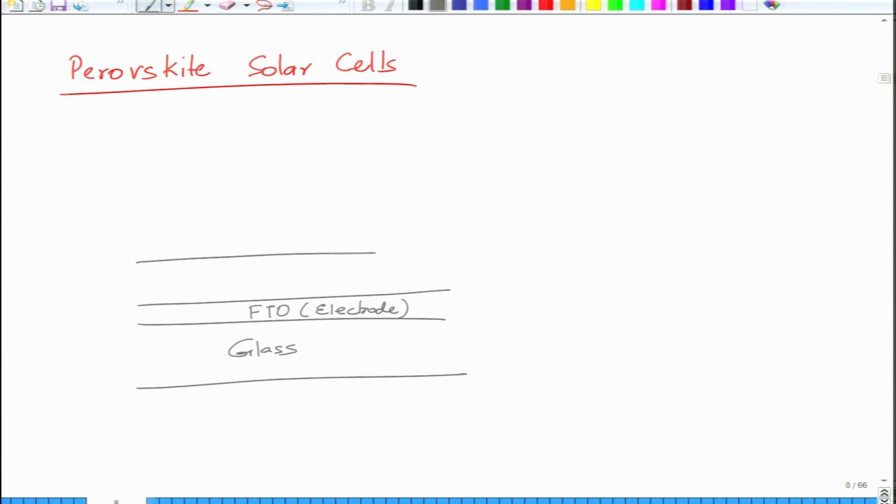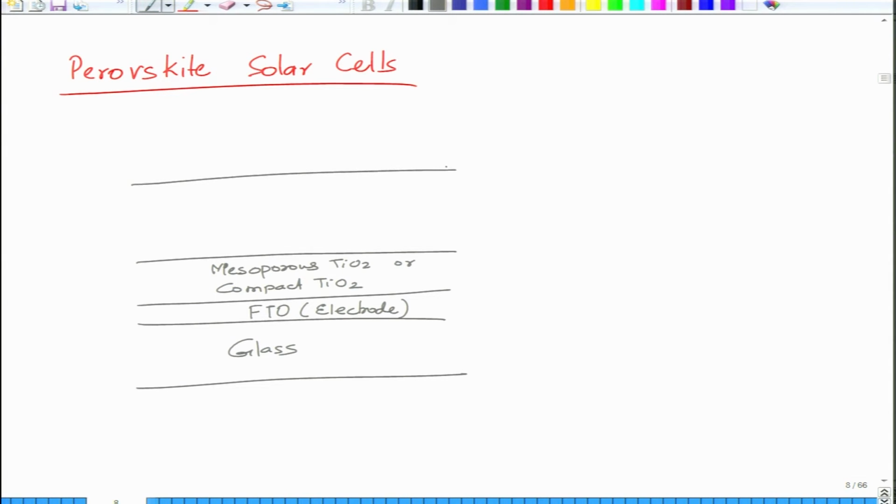So, this layer is either mesoporous TiO2 or it could be compact TiO2, right. And then what we have on top of it, what is the next layer?